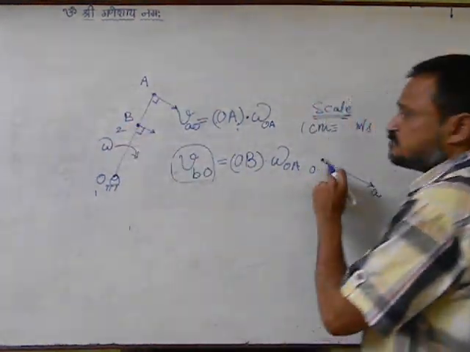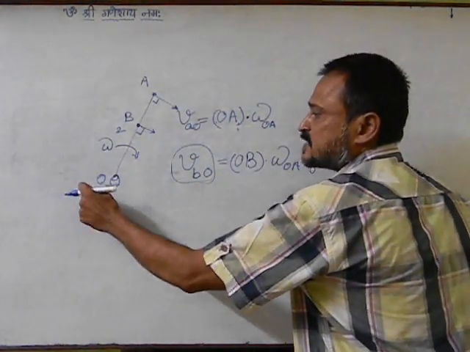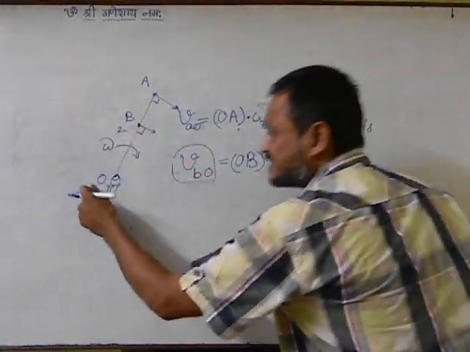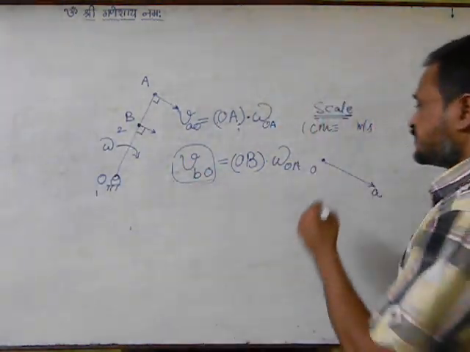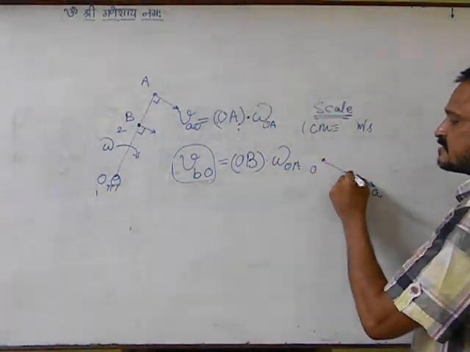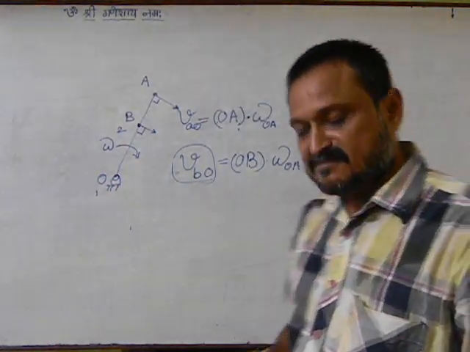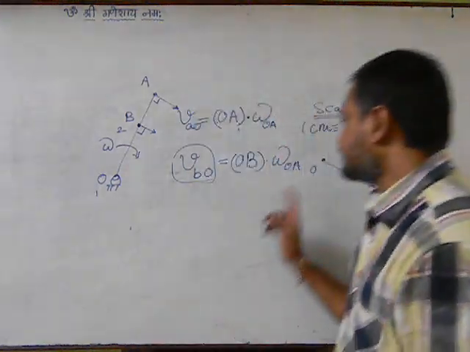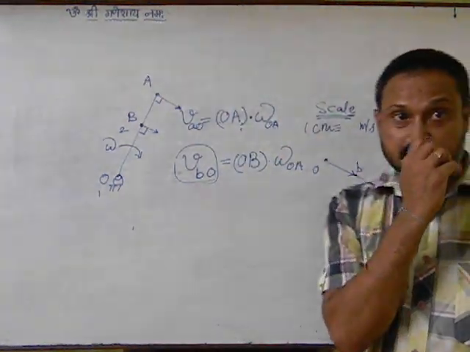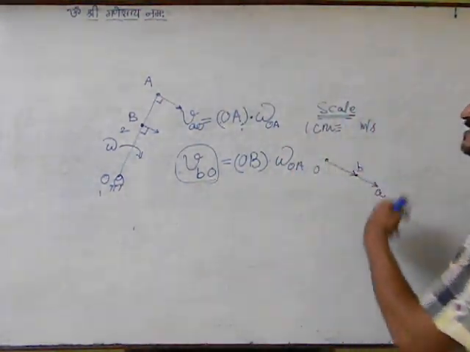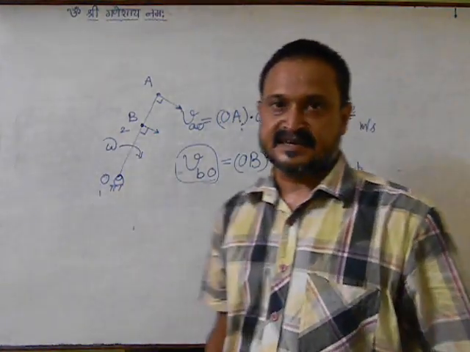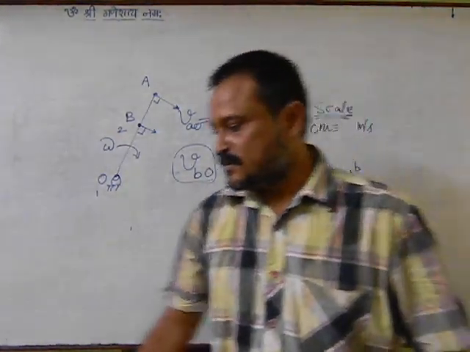Again, from the pole, with reference to O, if I draw, maybe it will be a smaller vector. So this point is B. So I get the velocity of B with respect to O. That is how we can represent it. Fine.